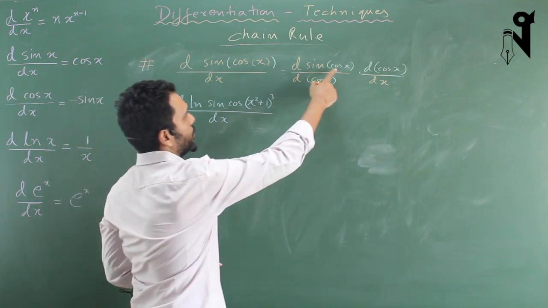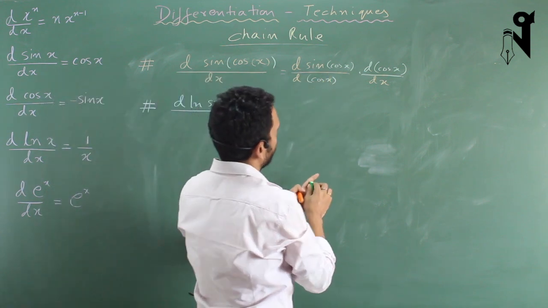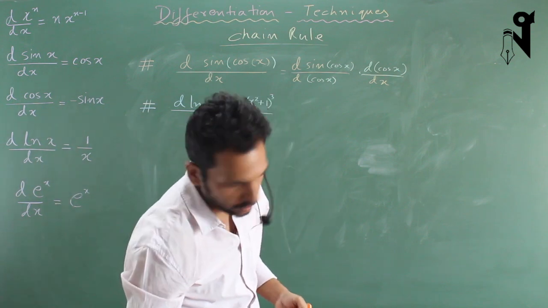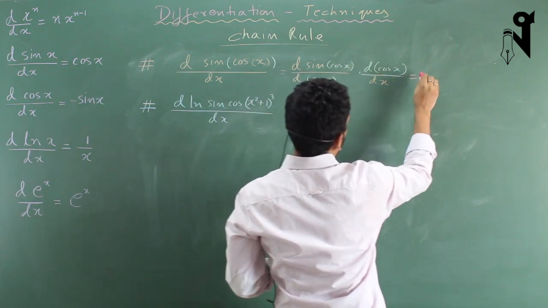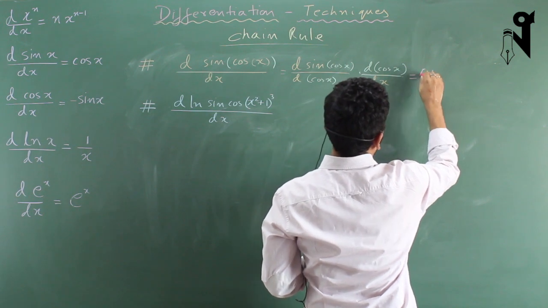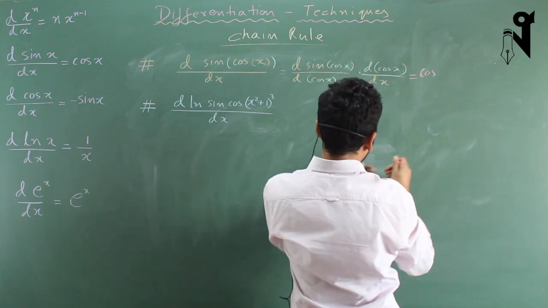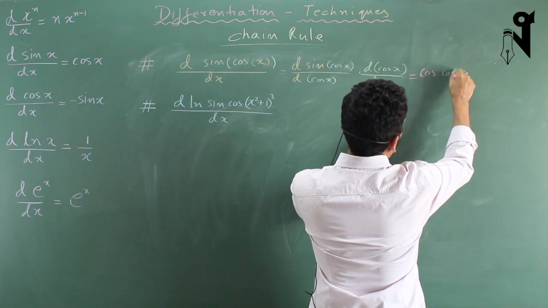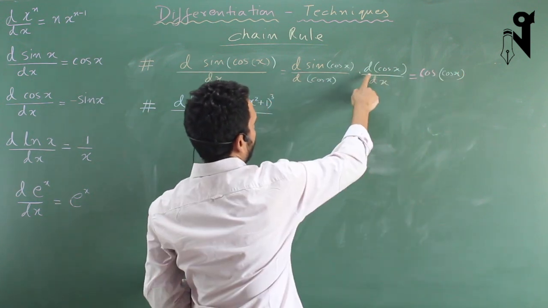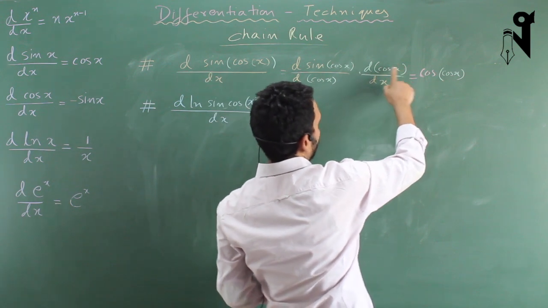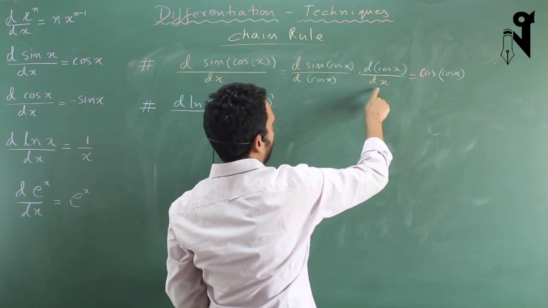So sine of something with respect to that thing, what's the result for that? What will it give? Sine of something with respect to that thing gives you cos of that thing. What was the thing? That thing was cos x. Cos of cos x. And what about d of cos x with respect to x?